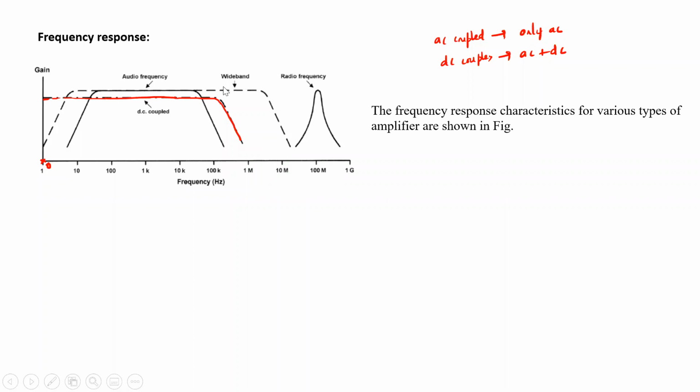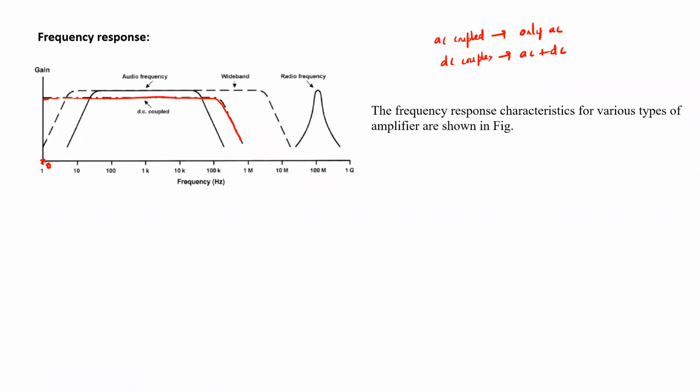Except for all other amplifiers, only for this DC coupled amplifier, something that I've marked in red now, the response starts from 0. Even for 0 frequency, there is some output, there is some gain. That means the gain at 0 hertz is the gain that it is giving for a DC signal.